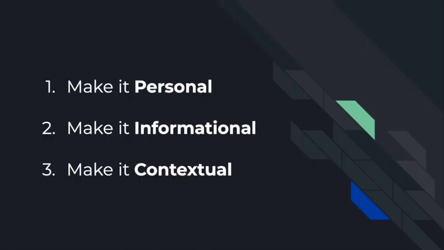To make a great widget, there are some tips to follow. The first one is to make it personal. We can give the user information that they actually care about. And secondly, we want to make it informational. We want to collect data on our apps and see which part of the app is most frequently used by users and make that into a widget. And finally, we want to make the widget contextual.